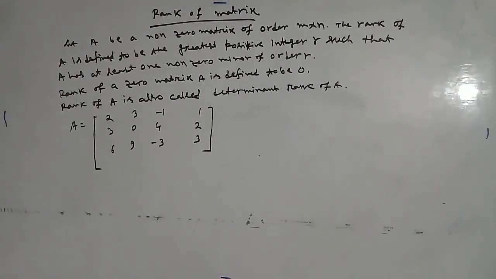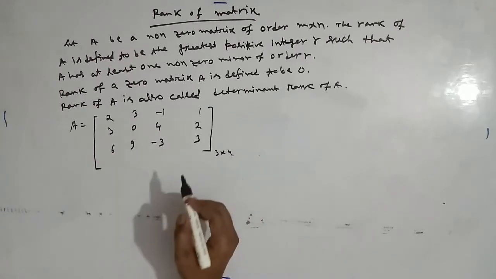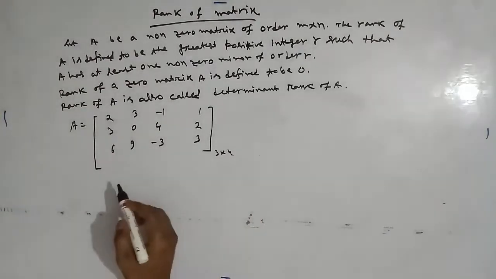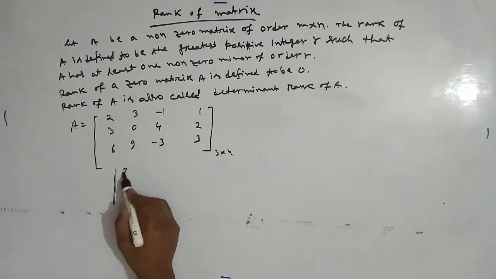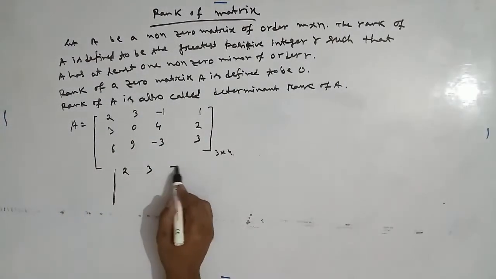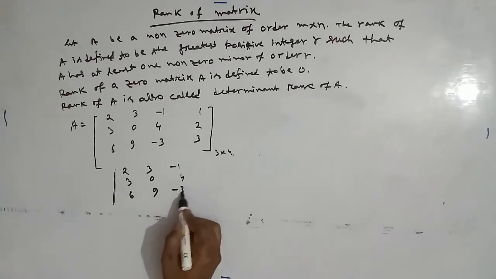Here the minor of maximum order will be 3, and we need to check whether all are 0. If you take any minor, it is an m by n matrix, a 3 by 4 matrix, so the maximum order minor will be of order 3. So if you take any minor of order 3, I am taking this minor: 2, 3, minus 1, 3, 0, 4, 6, 9, minus 3.